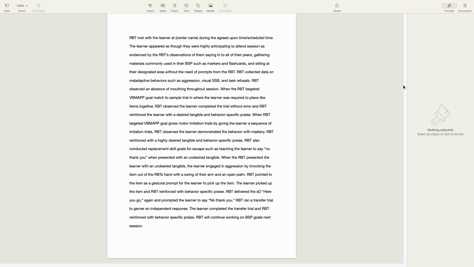Some companies have, at least here in Florida, and I think it might be due to the language barrier, or because we have a lot of immigrants here in Florida, or because sometimes the agency is so huge that supervisors can't review all the session notes for their caseloads. So sometimes they have the fill-in-the-blank ones. They have a template and you just click and put something in there. So some agencies have that. I never worked for an agency like that. I always had to write my session notes.